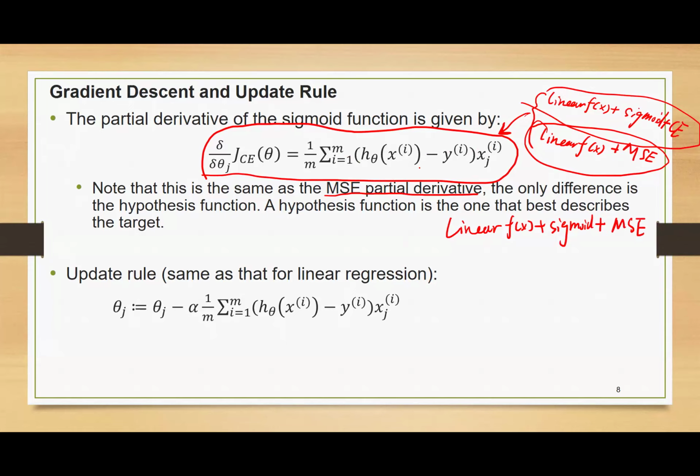It will have one more term of 1 minus y. So it will have an extra term inside this.